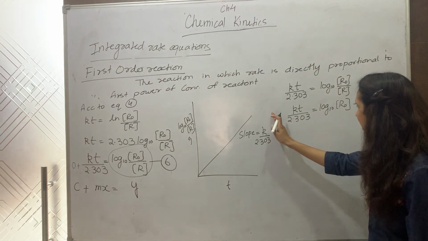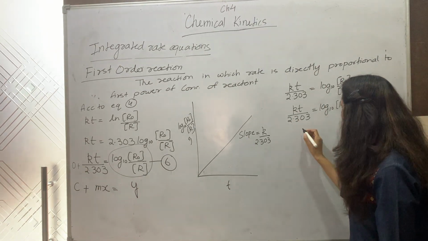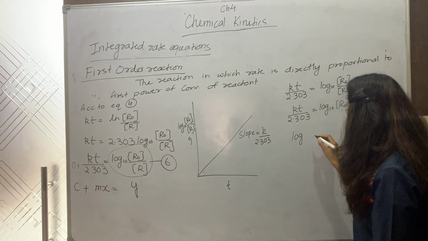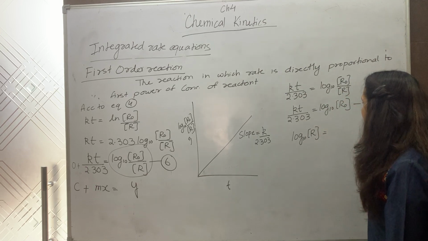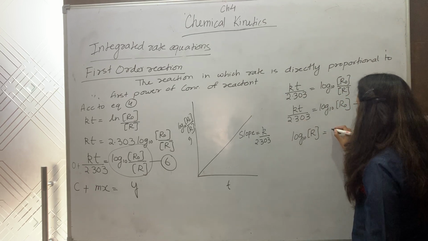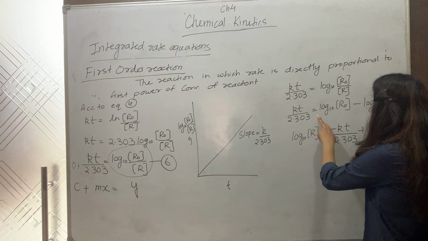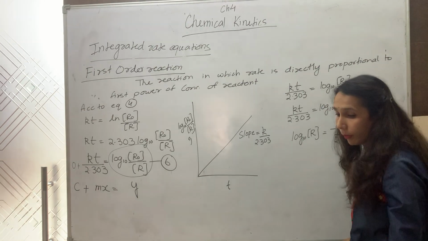Taking minus log R this side, it will become plus. Plus log to the base 10 R is equal to minus kt upon 2.303 plus log to the base 10 R naught. This is my equation 7.